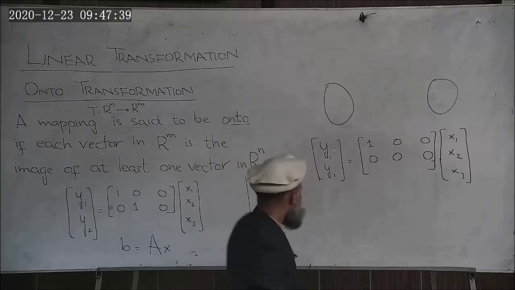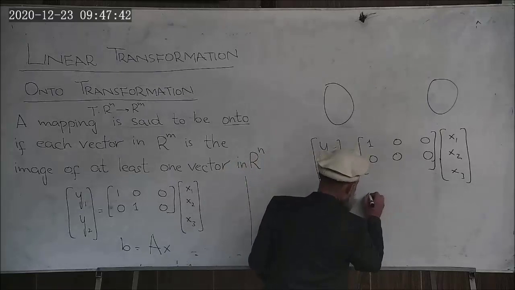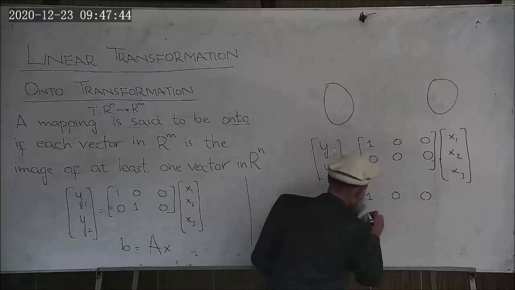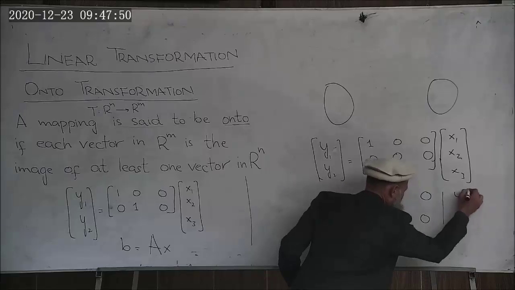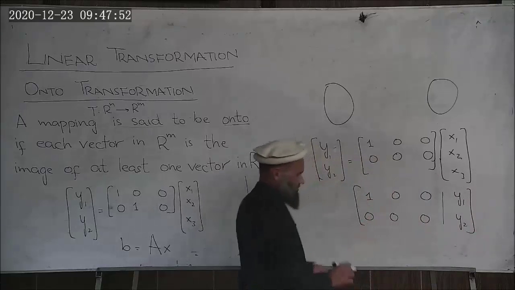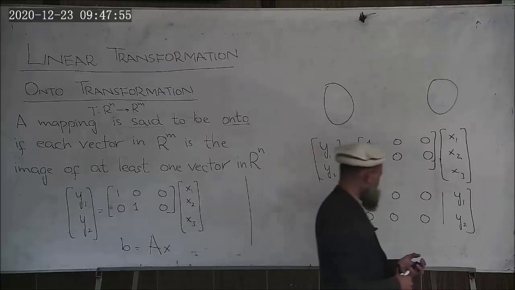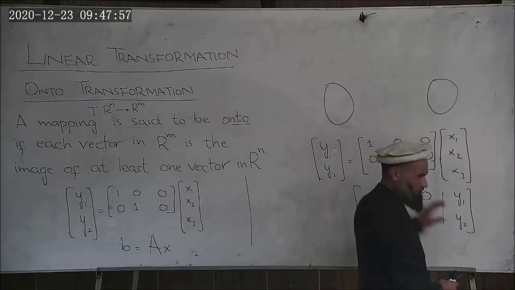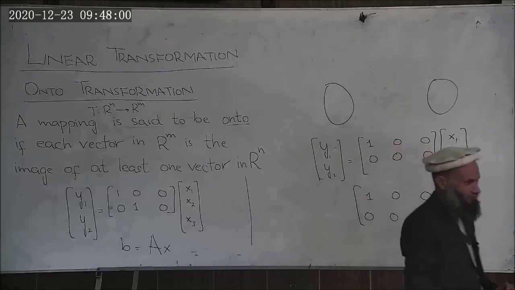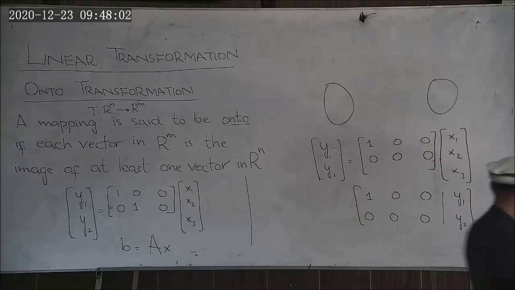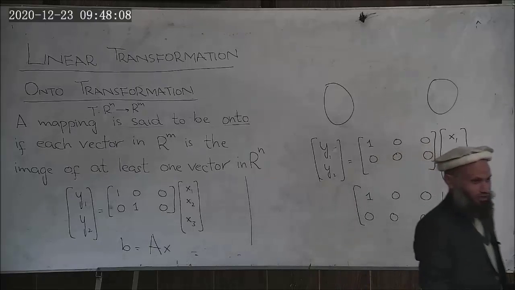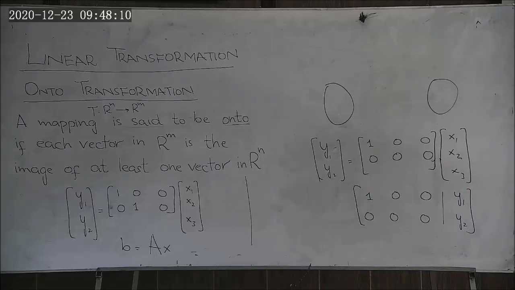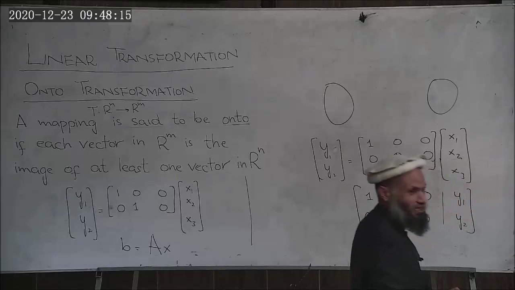So to find the solution to this system of equations, you construct the augmented matrix and determine if there always exists a solution for any arbitrary values of y1 and y2. So no, a solution does not exist. For some values, a solution does exist, but for other values, it does not exist. Therefore, this transformation is not an onto transformation.